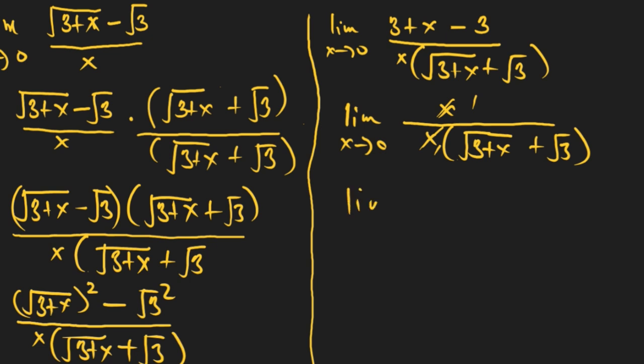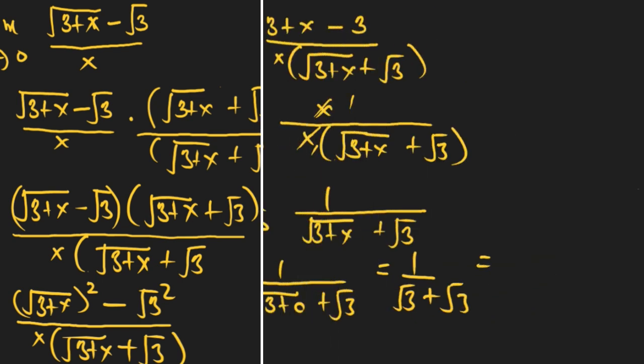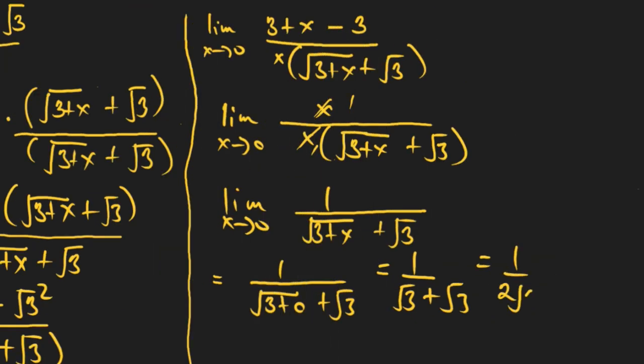So I'll be left with the limit as x approaches 0 of 1 all over root 3 plus x plus root 3. This is where I now do my substitution. Wherever I see x, I put 0 there. So now I'm going to have 1 over root 3 plus 0 plus root 3. And this will give me 1 over root 3 plus root 3, which is equal to 1 over 2 root 3.